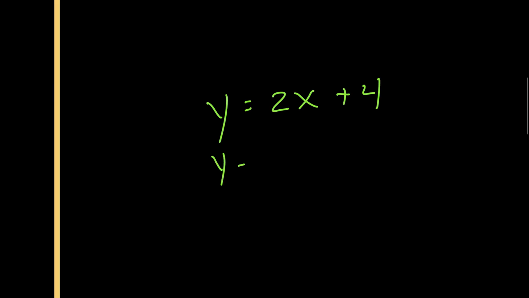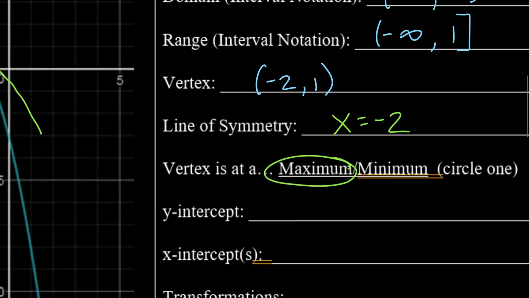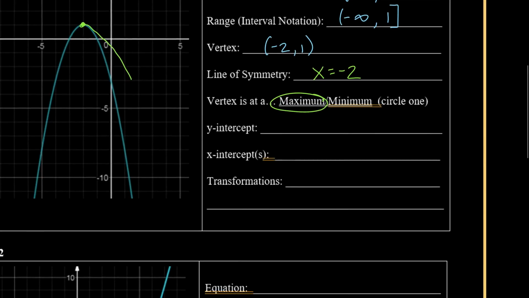So what you're literally doing is putting 0 in for x. Your y-intercept is 4. Anytime you don't know the exact value, all you have to do is plug in 0 for x, and you can find your y-intercept. So here it was really easy because I went through a perfect point. It was 0, negative 3.